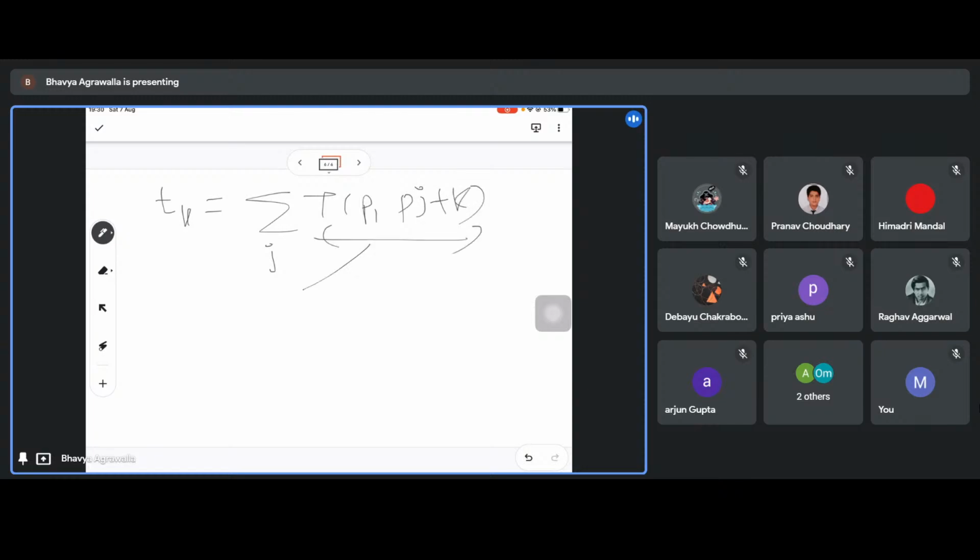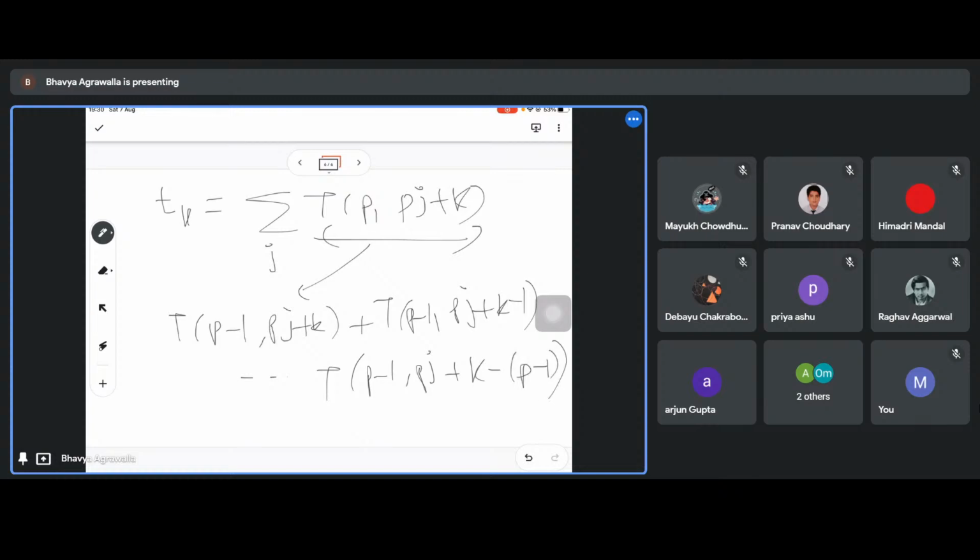By our previous lemma, this is just t of p minus 1 comma pj plus k, plus t of p minus 1 comma pj plus k minus 1, and so on till t of p minus 1 comma pj plus k minus p minus 1, right?